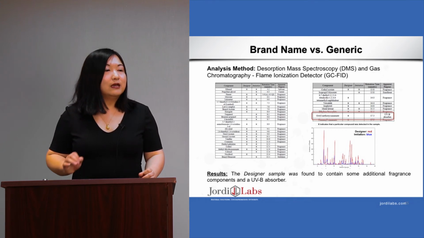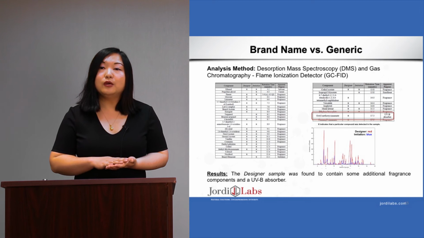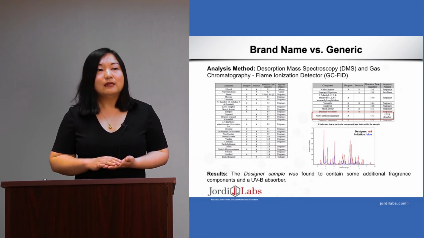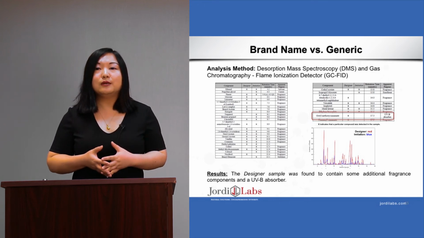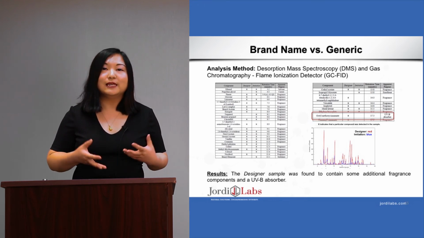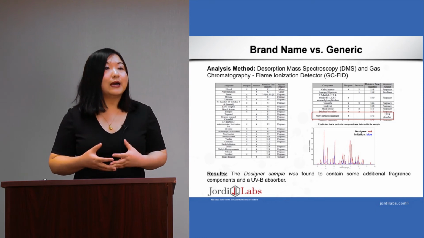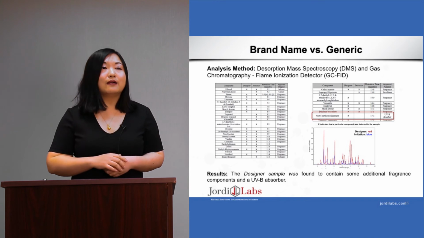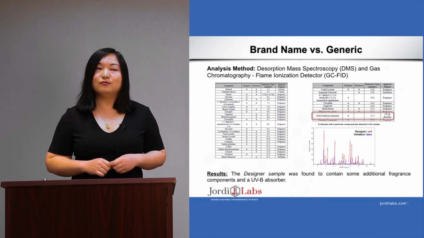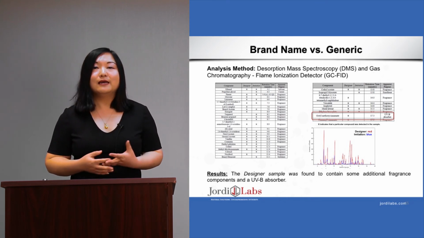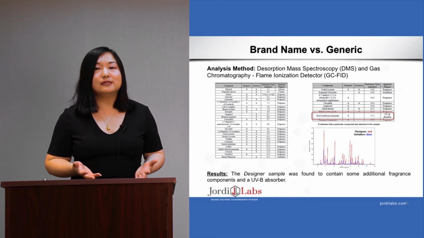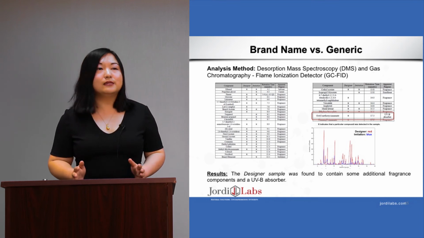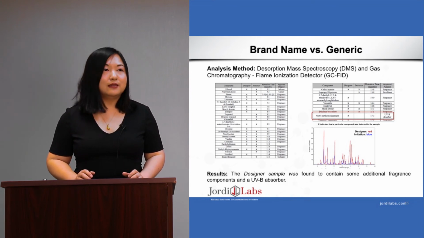And second, we found that there are some UVB absorbers, which are unique to this brand name product. They put this compound into their product to stabilize the fragrance, so the fragrance can stay longer on you after you spray it. And this explains why the imitation doesn't stay long and doesn't smell as good after a while, because there's no stabilizer in their formula.